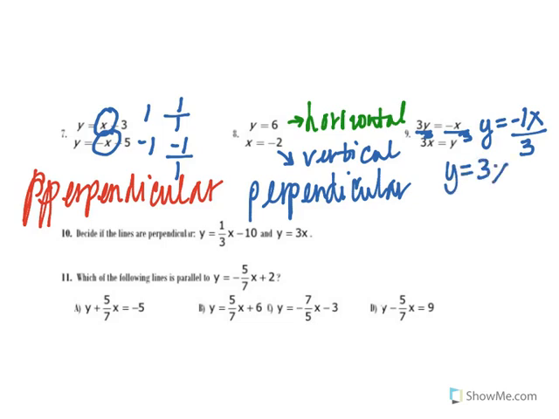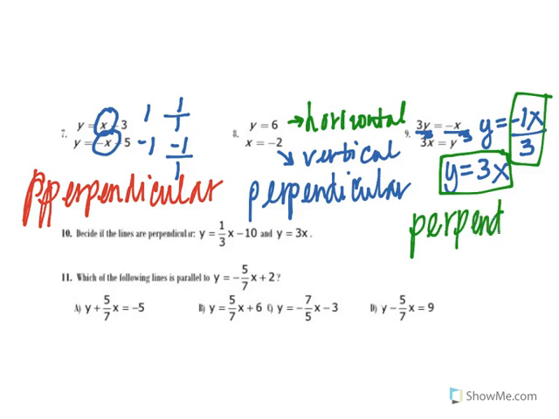Y is already by itself. So you're going to compare the slopes for this. These are opposite signs, which means this is negative and this is positive, and they are reciprocals. So these would also be perpendicular.